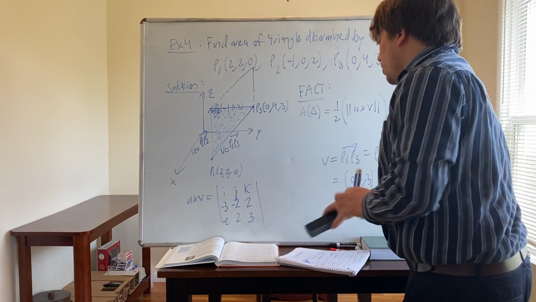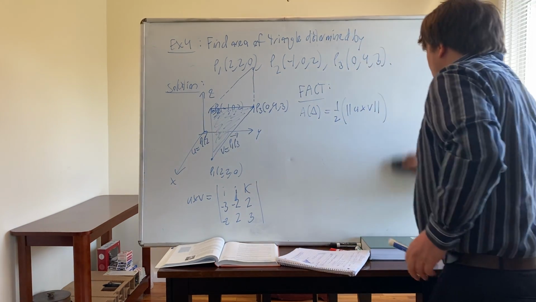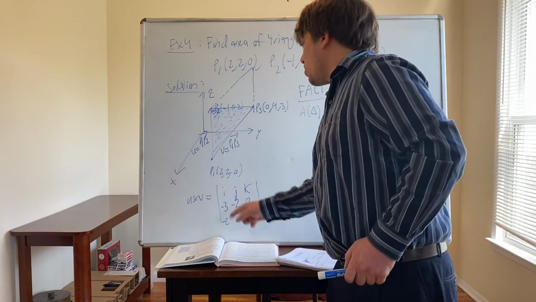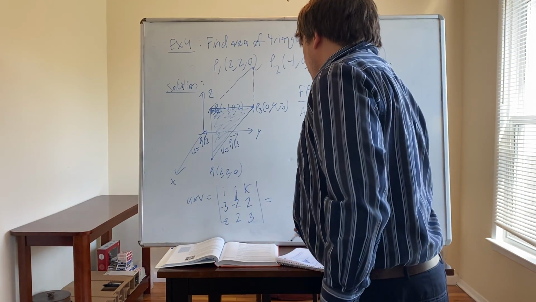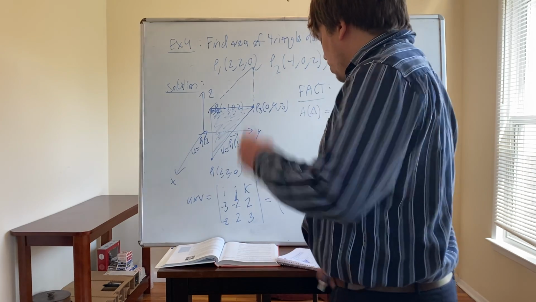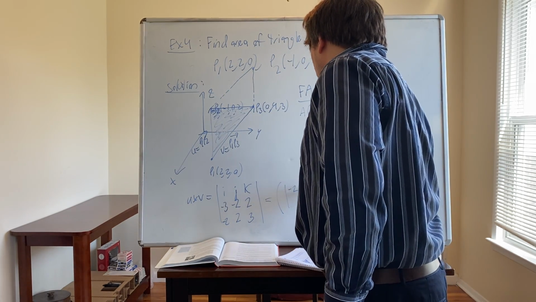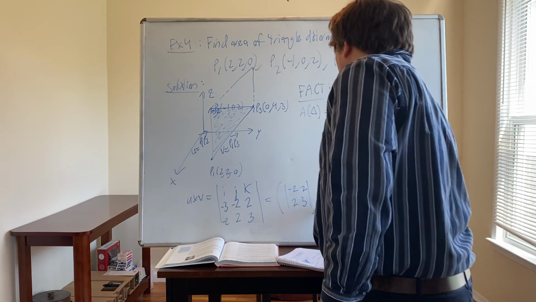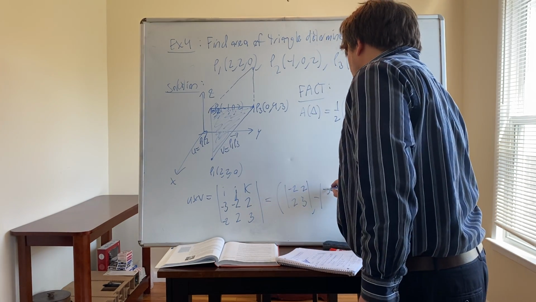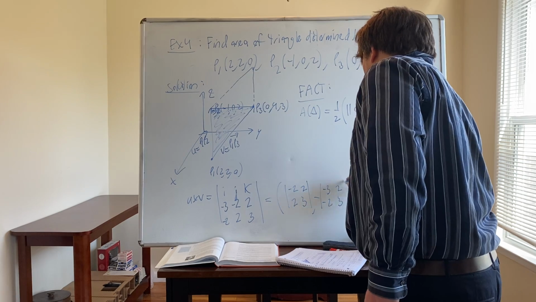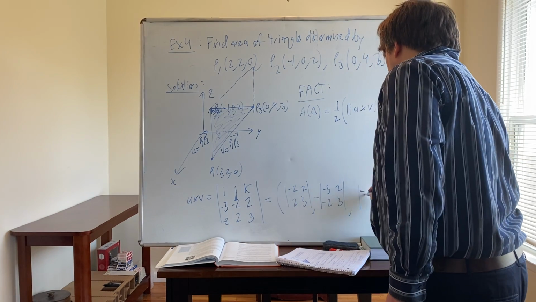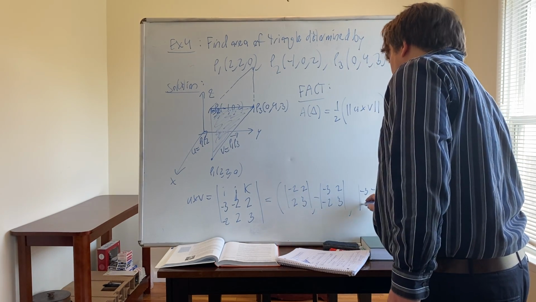Okay. So that's u and v, and now I want us to take their cross product, and so what we get, computing this cross product, you would get the determinant of negative 2, 2, 2, 3, comma negative the determinant of negative 3, 2, negative 2, 3, comma the determinant of negative 3, negative 2, negative 2, 2.